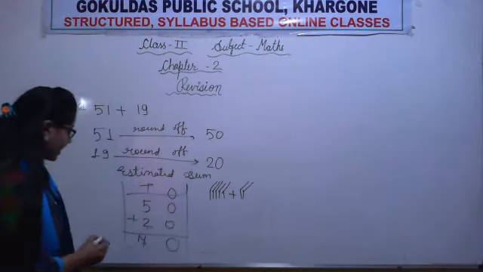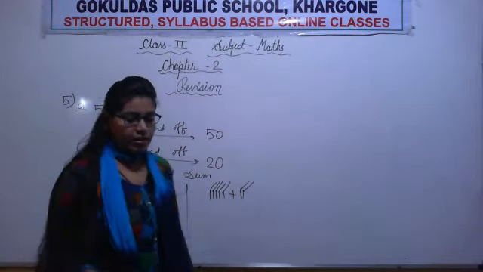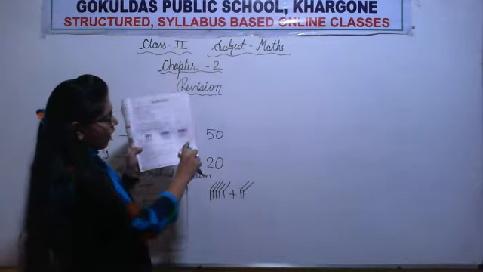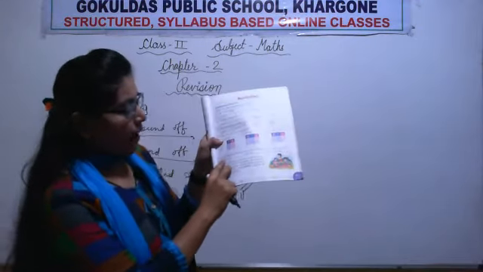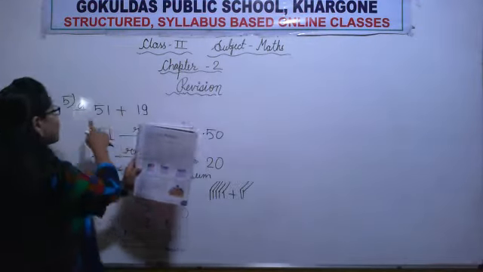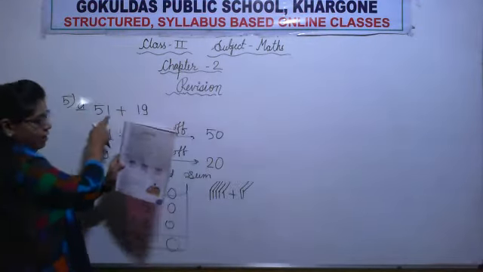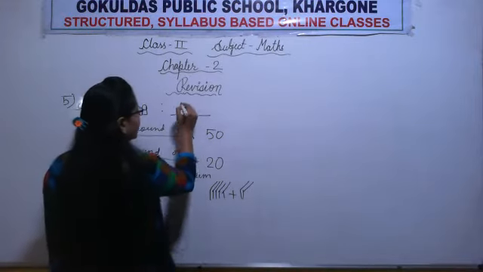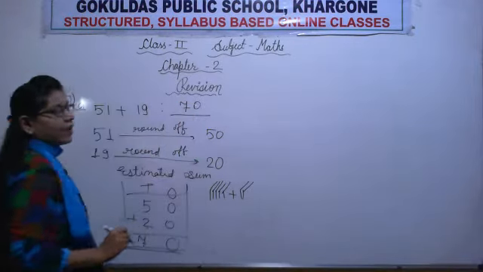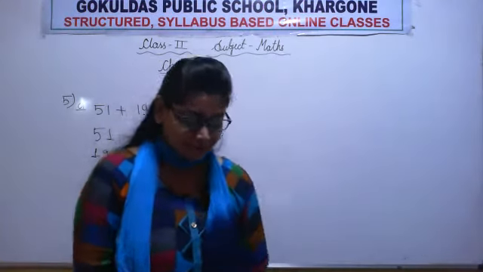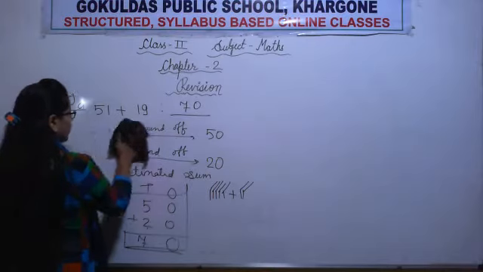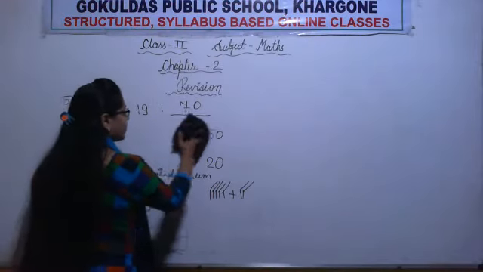So our estimated sum is 70. In the book, when question number 5, part A, 51 plus 19 is written and a blank place is there, we will write 70. Now we do not have much place in the book, so we will write the answer only in the book.